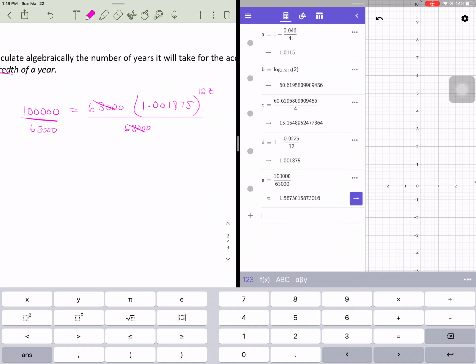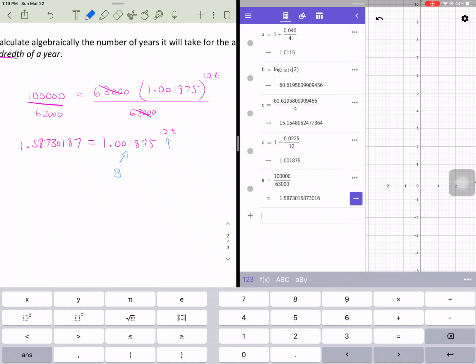Yeah, that's kind of gross, but that's okay. 1.58730187. That's enough. And remember, it doesn't matter how many decimals we really write over here. Write enough, but you're just going to use this anyway, so don't stress about it. So that equals 1.001875 to the 12t.